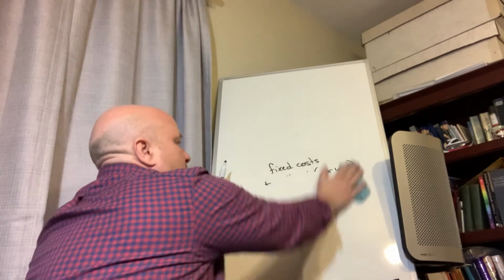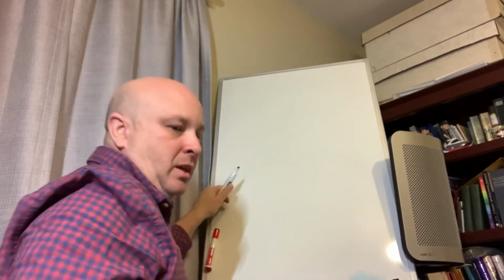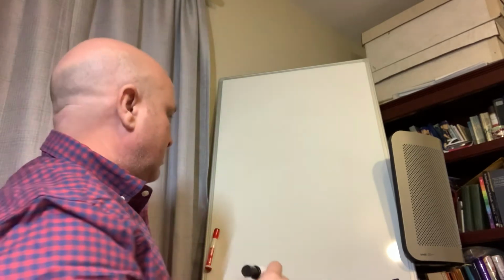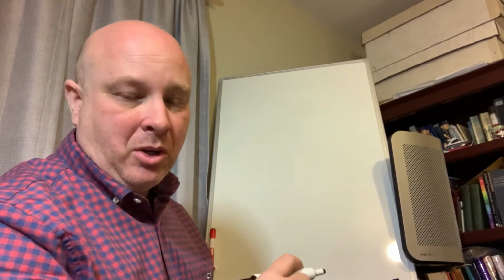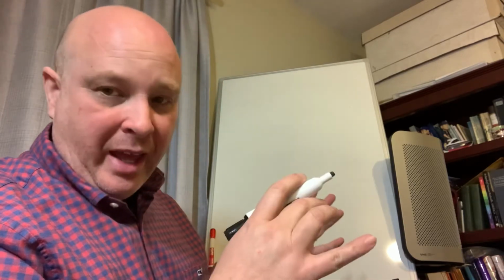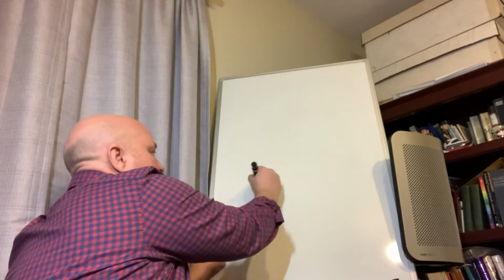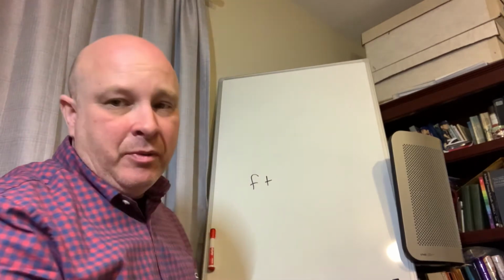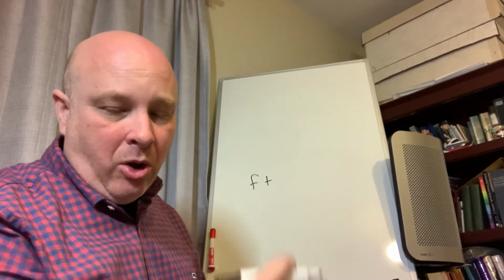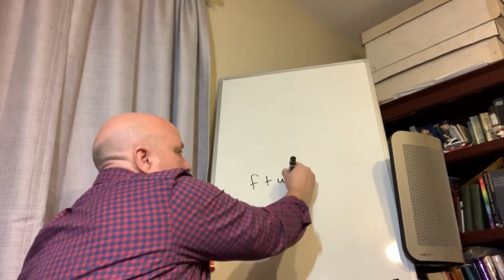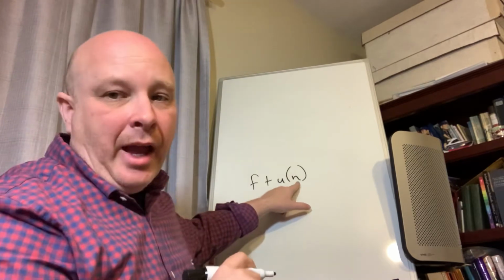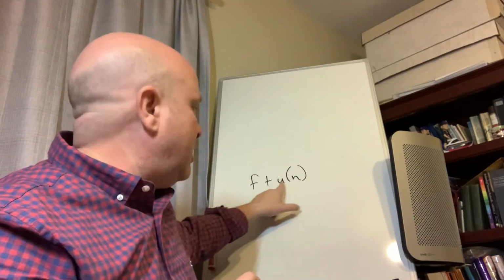Now, let's look at what that would look like set up as an algebraic expression. I'm going to call my fixed cost F, plus my unit cost, I'm going to call U, times whatever number I need of my unit, right?